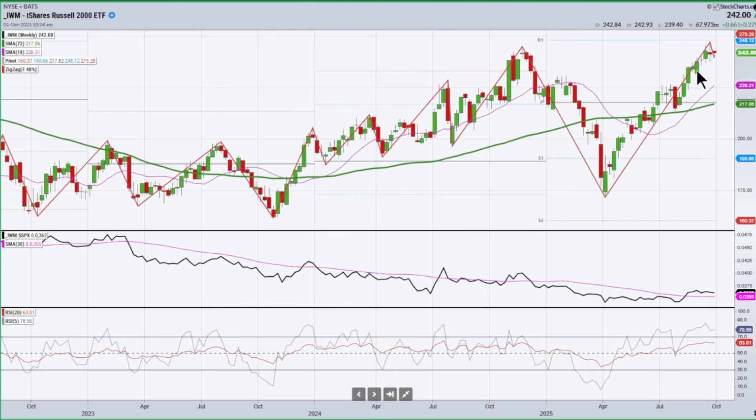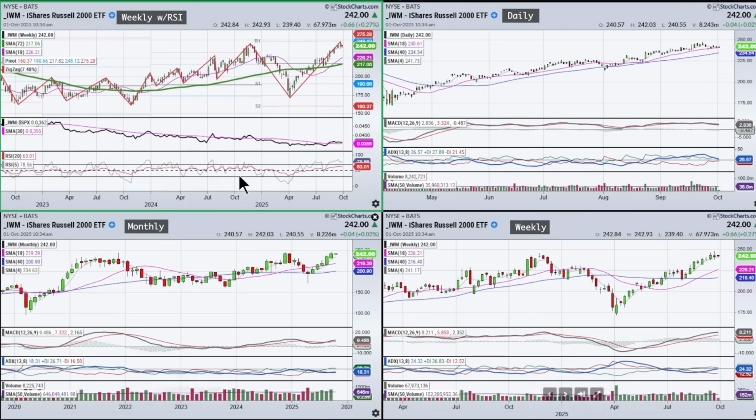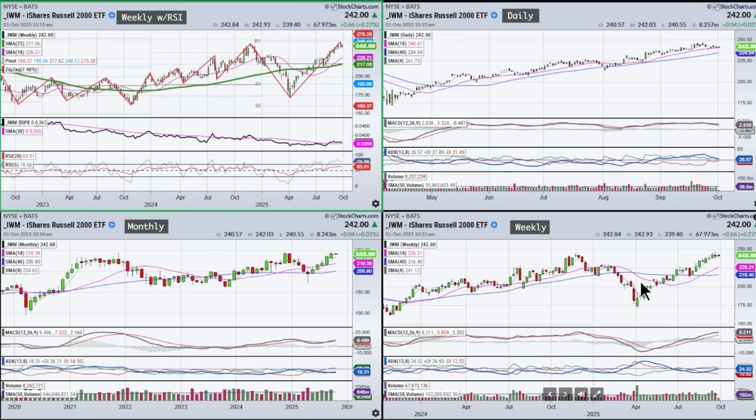So I think it's encouraging, but we're going to need better momentum and better strength on a relative basis versus the S&P if we're going to really see a move that's going to start including a lot more stocks, if we're going to get an expansion move in the marketplace.